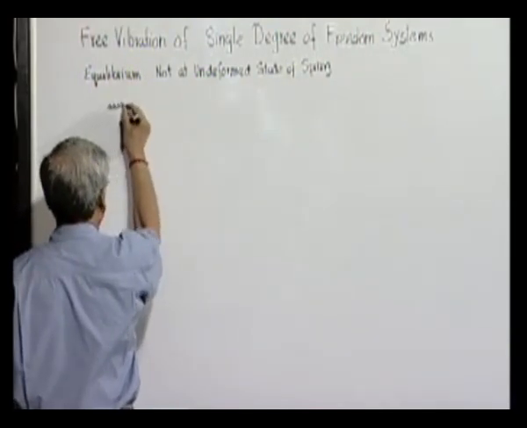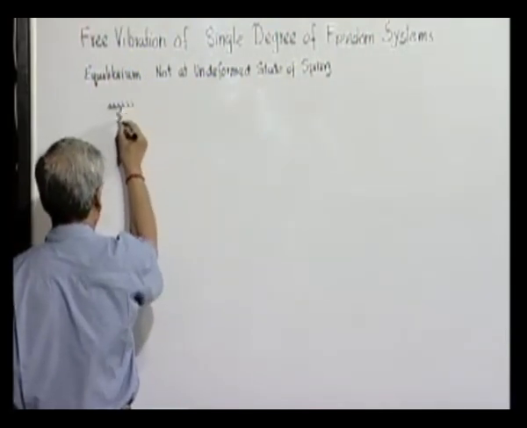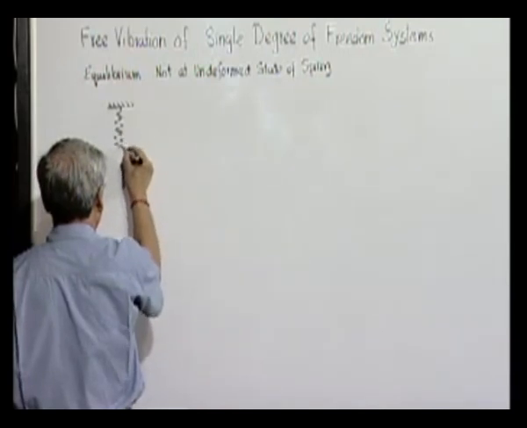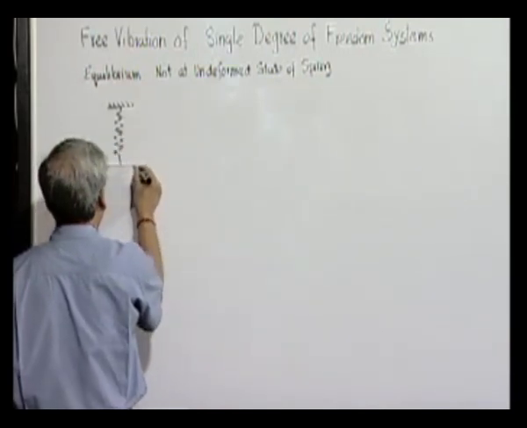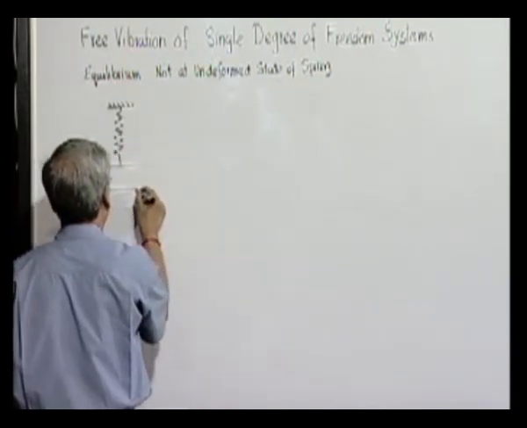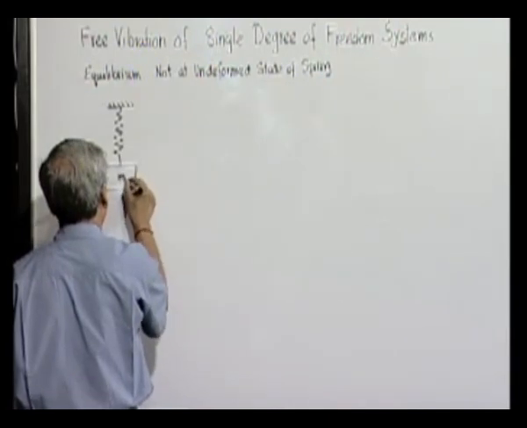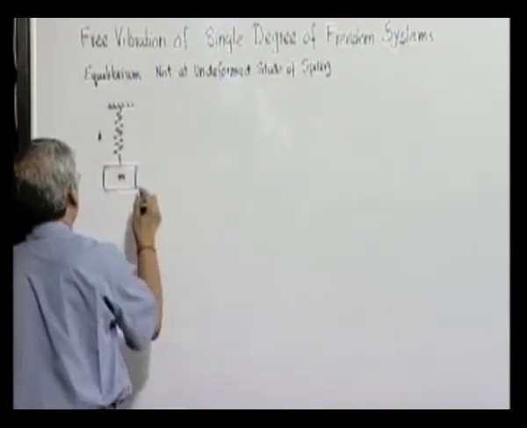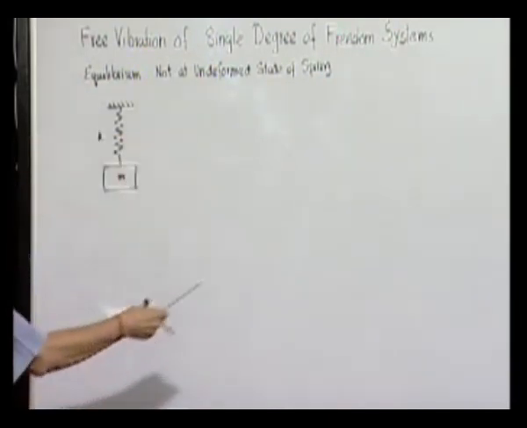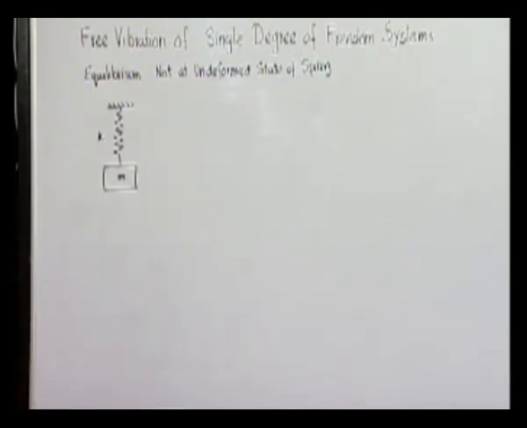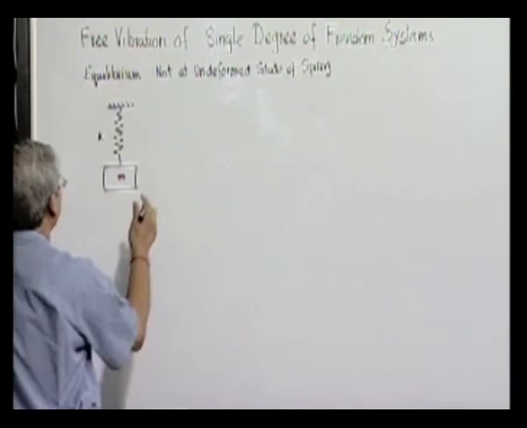Let us take a simple spring mass system, but now it is suspended rather than being put on a horizontal table. It is now suspended. What will happen next if we suspend this?